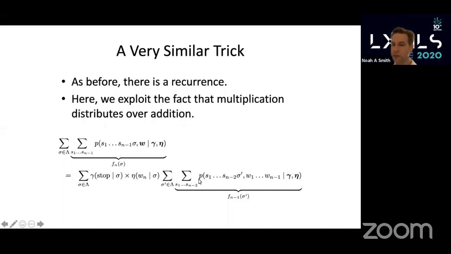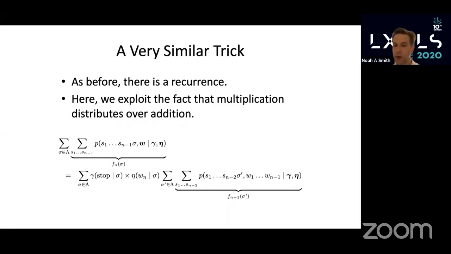So regardless of what the prefix is, the last piece of the product, if we unfold this joint probability, is going to involve transitioning from sigma to the stop symbol and emitting the last word wn from the stop symbol. So we can pull those out to the front, and then we can treat the sum on the inside over the remaining states from 1 to n-1 as a single thing, just like we did before.